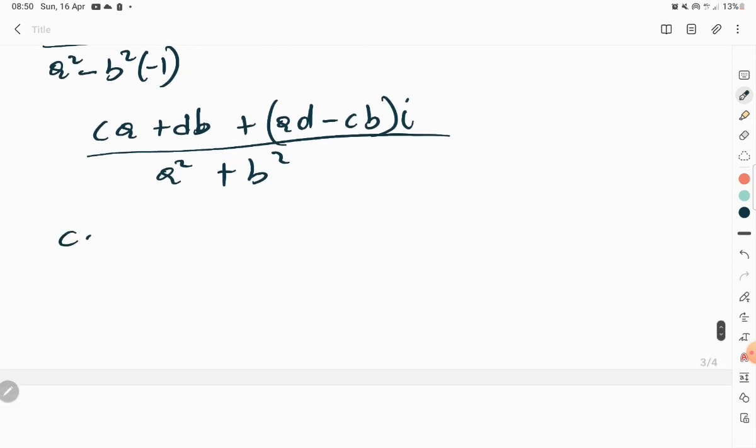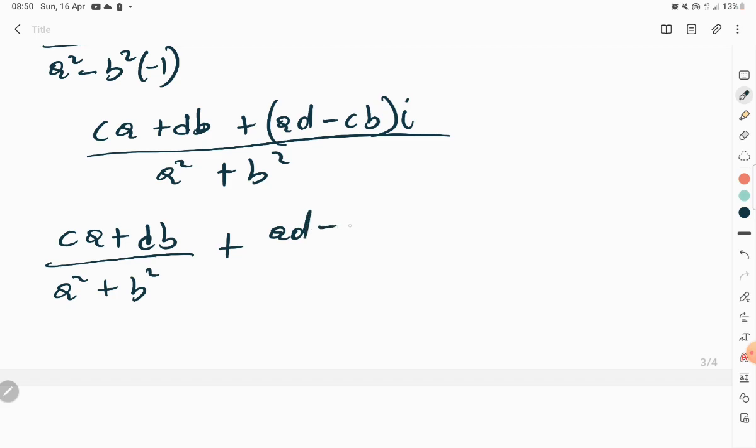So we have ca plus db divided by a squared plus b squared. Then we have plus, so this one is also divided by the very same denominator, ad minus cb, all divided by a squared plus b squared.